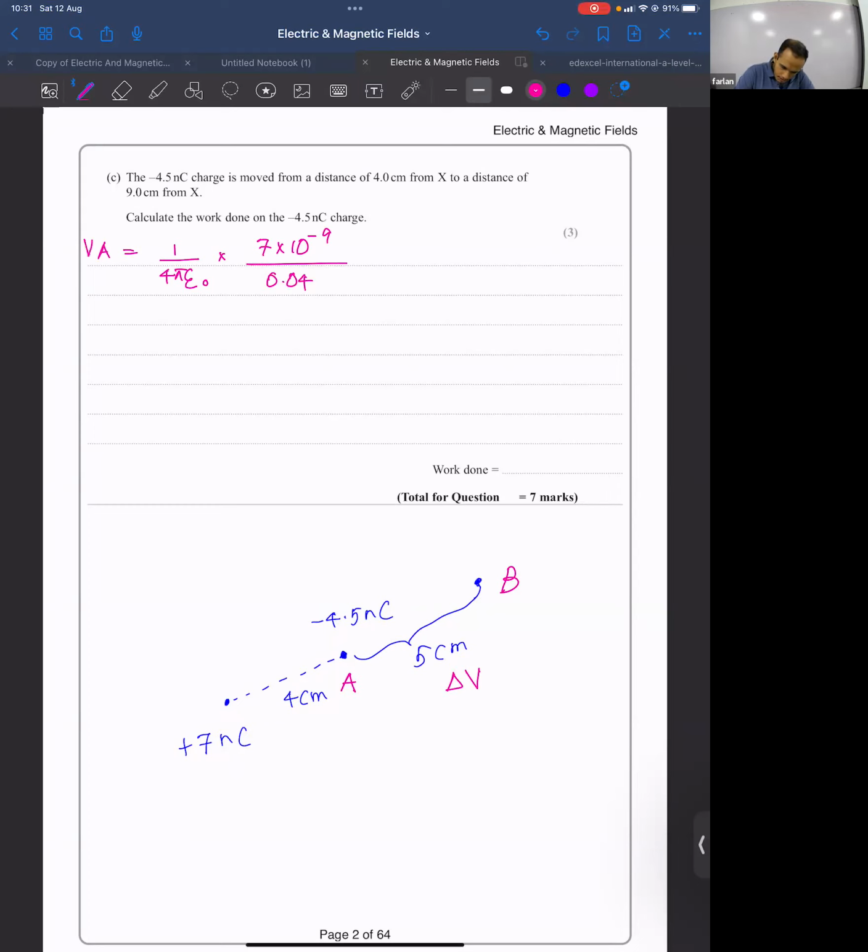Similarly, the potential at B, VB, will be 1 over 4 pi epsilon naught times 7 into 10 to the power minus 9 over the distance, which is 4 plus 5, 9 centimeters, which is 0.09. So the potential difference, delta V, is VA minus VB.